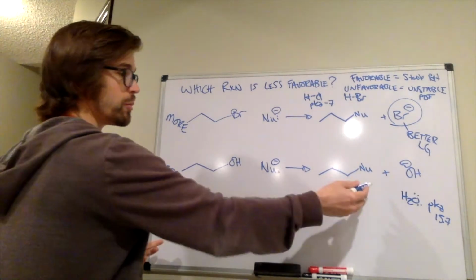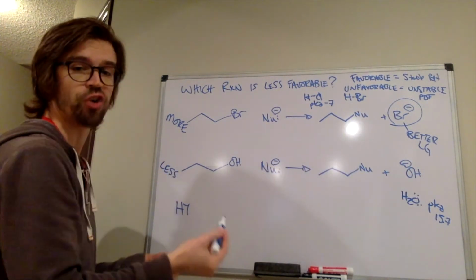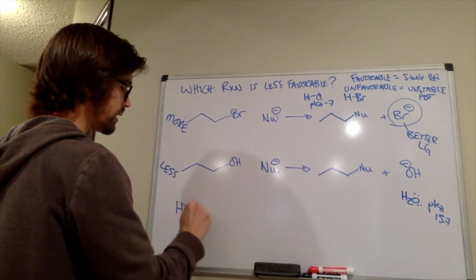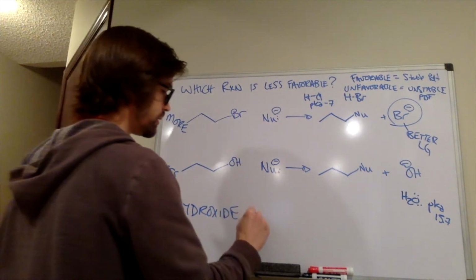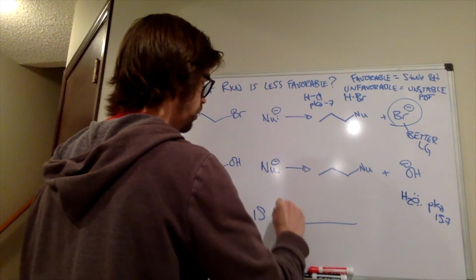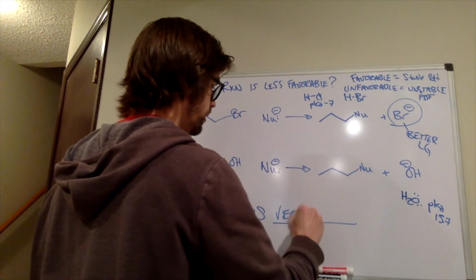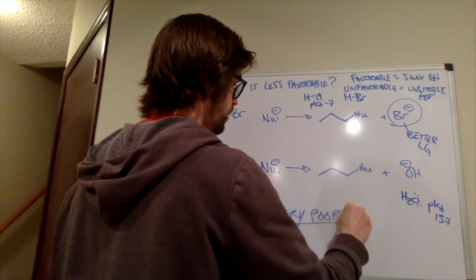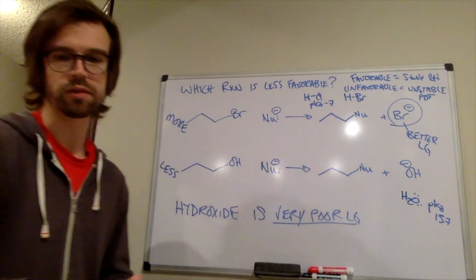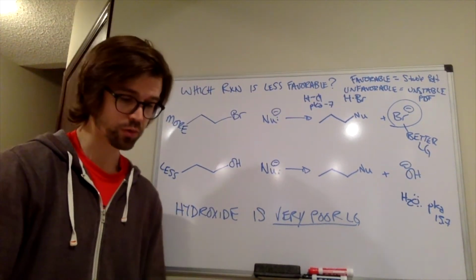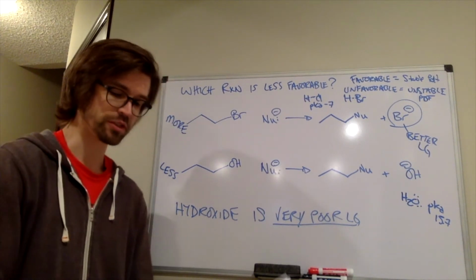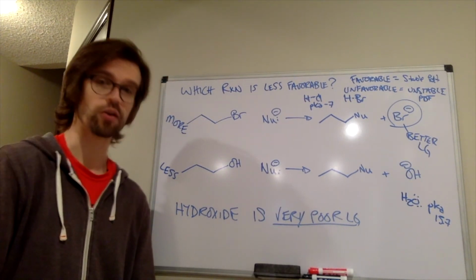So what was our leaving group in the non-favorable one? It's hydroxide, and essentially hydroxide is a very poor leaving group. And essentially the last blank on this page of the course notes says there are methods to do substitution and elimination reactions of alcohols.